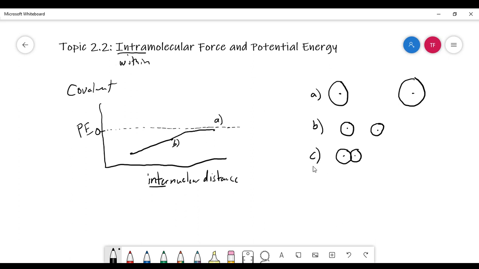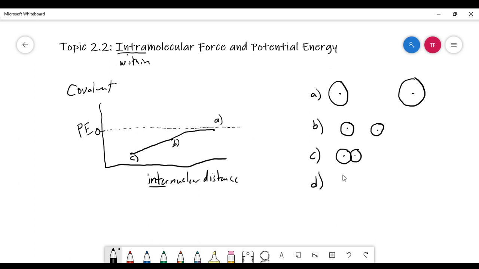Now, this is point C. If we start pushing these atoms closer together, we're going to start having a lot of repulsion between the nuclei of the two atoms. Once the nuclei get too close to each other, they start repelling each other with a very great force. Because these atoms are so close together now, the repulsion force starts increasing dramatically as we push these together.